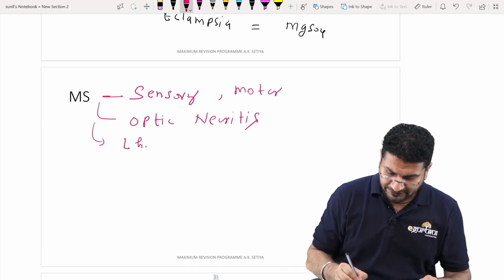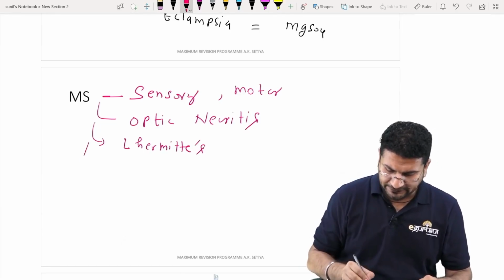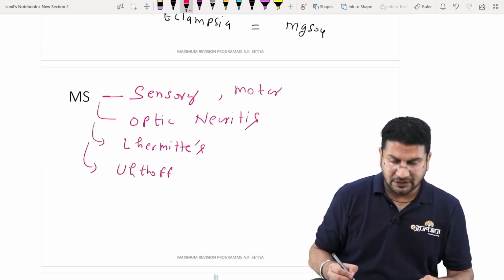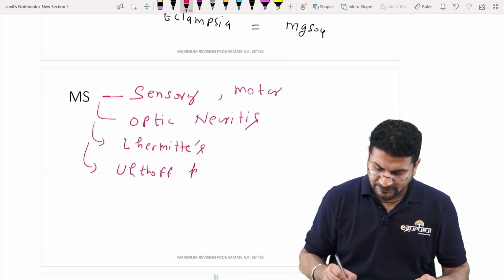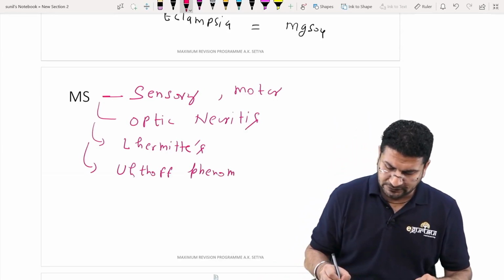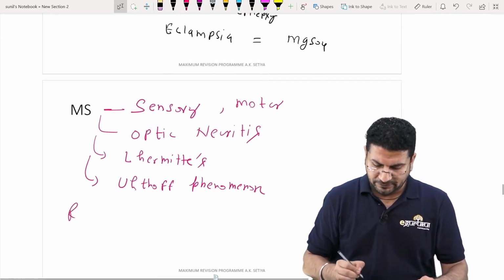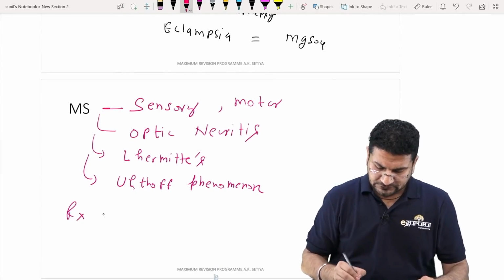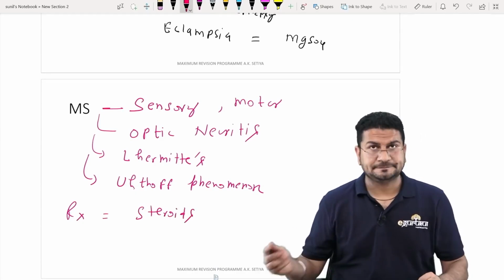We call this Lhermitte sign. You will take the patient to a hot shower or a sauna bath. The patient will have worsening of symptoms. We call this Uhthoff's phenomenon. And for management, for treatment, we give steroids, and we can also use interferon beta.